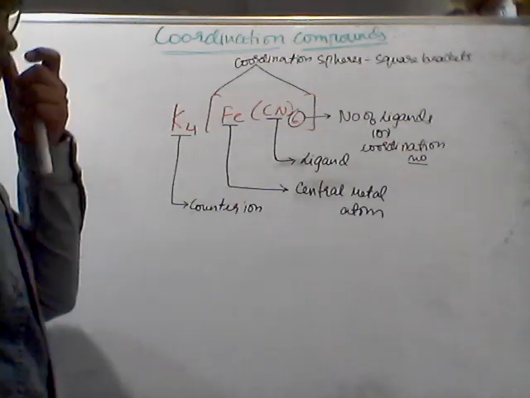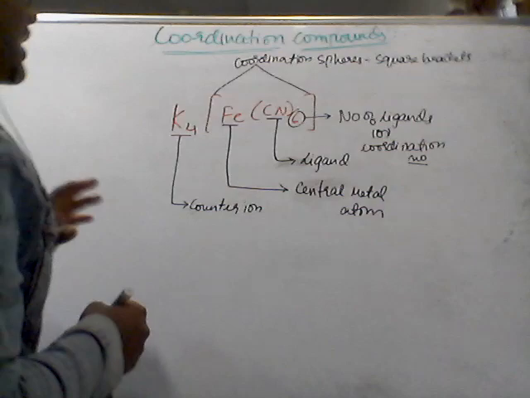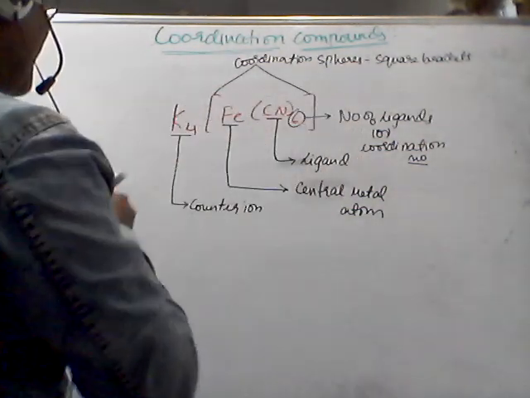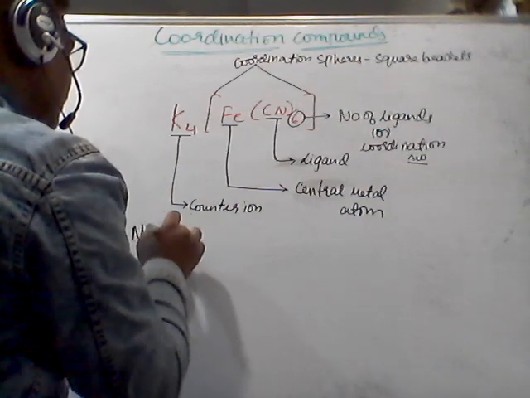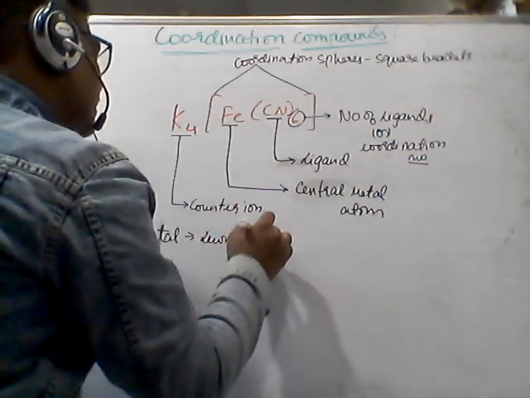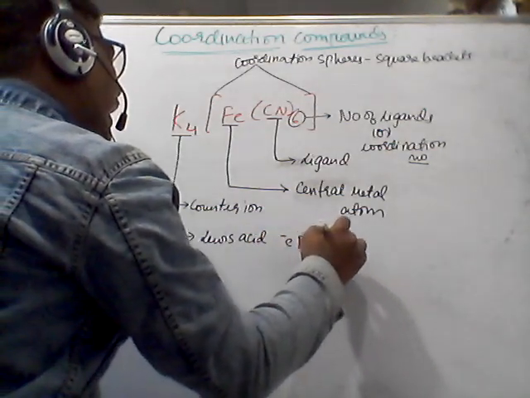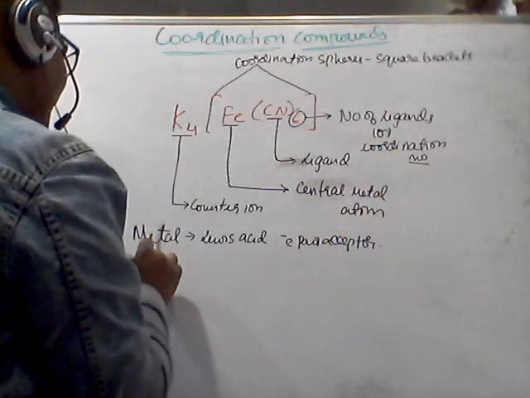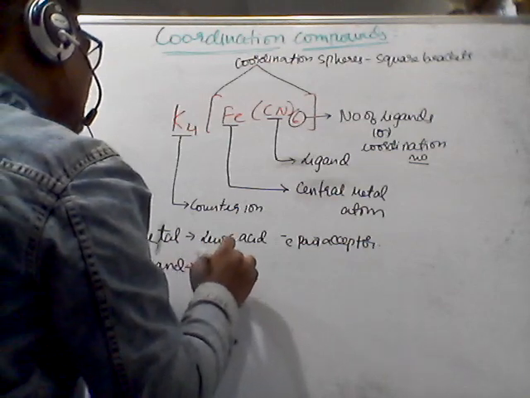Now let us see a few characteristics of this coordination compound. Okay, in this, as I already said, this is the central metal atom and this is the ligand. The central metal atom should be a Lewis acid, that is, an electron pair acceptor, and a ligand must behave as a Lewis base.